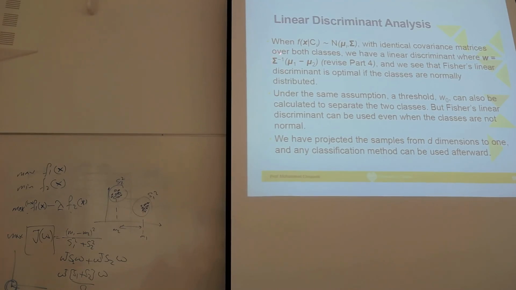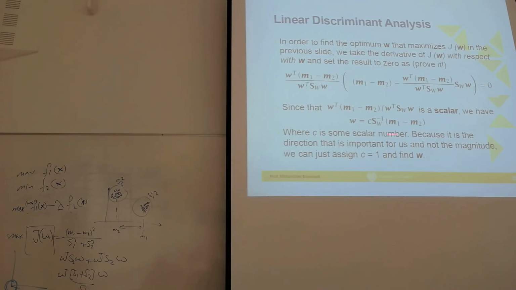It will be the covariance inverse times mu1 minus mu2, which is the same result that we obtained here.